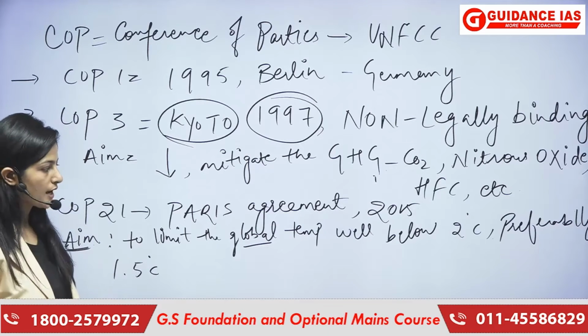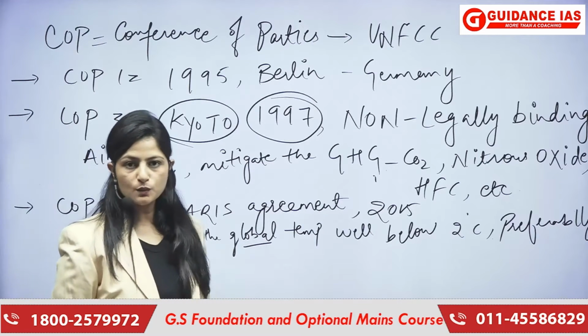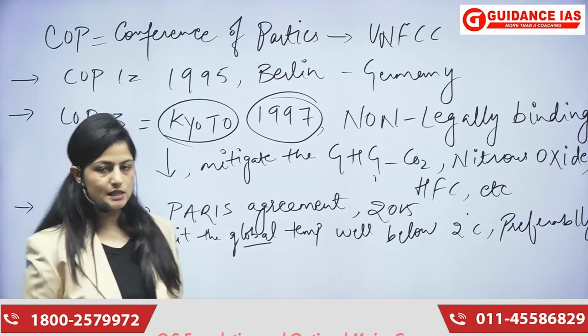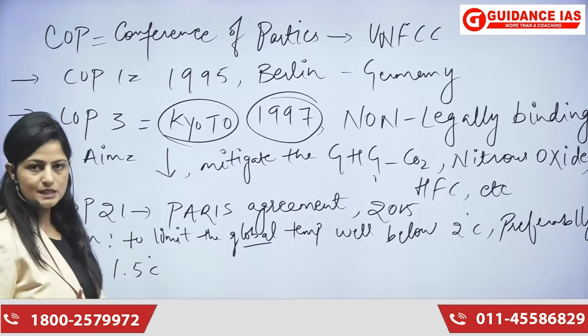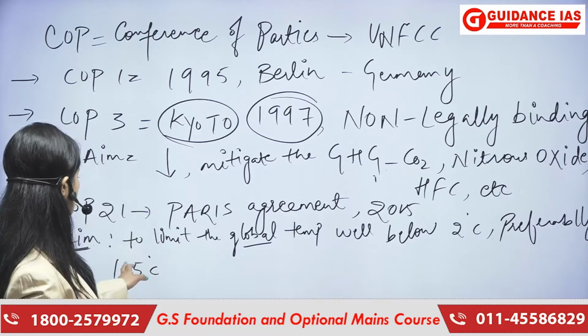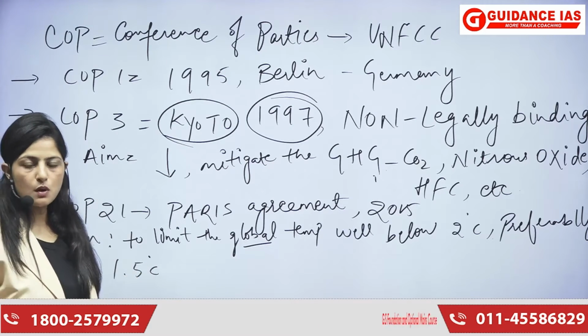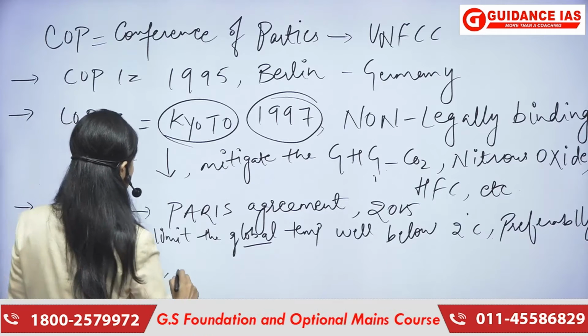We have to try keeping the global temperature well below 2 degrees Celsius, but we will first prefer to keep it at 1.5 degrees Celsius only, above pre-industrial level.